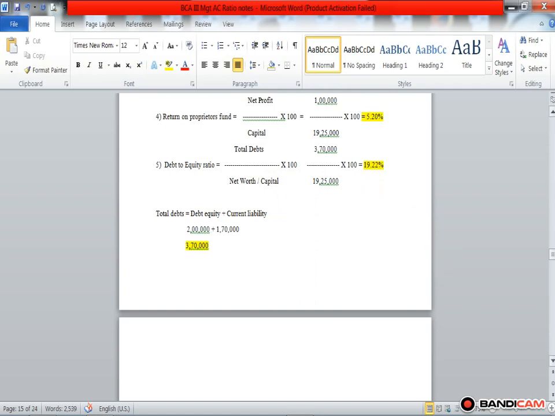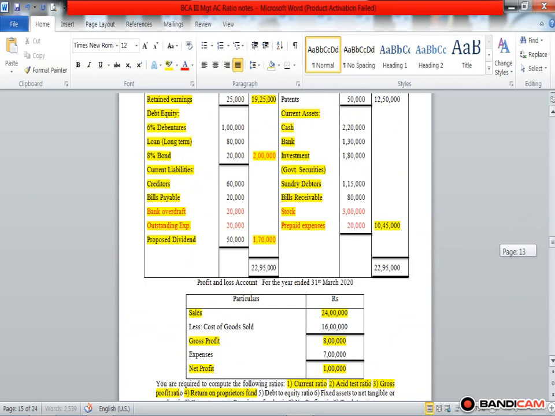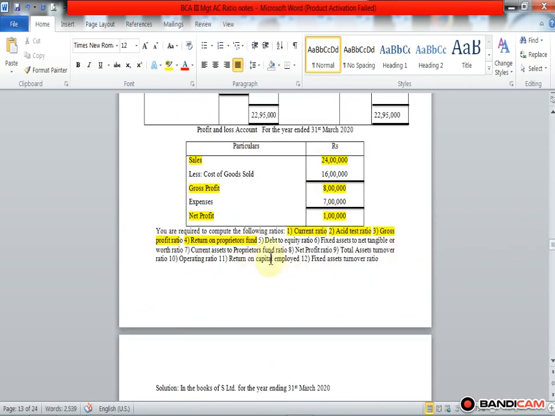Okay, now we will solve the sixth ratio, that is fixed assets to net tangible or net worth ratio. So here we calculate this.